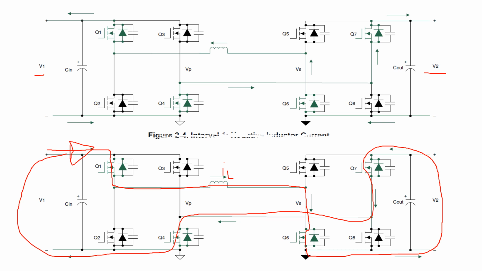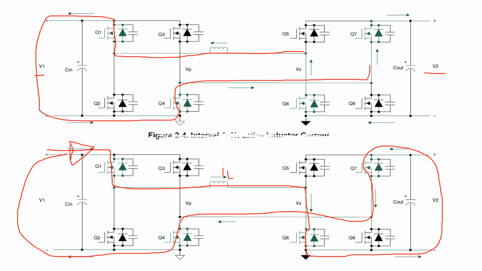And what happens to the negative current flow? When it comes to the negative current flow, the current flows from this side towards this side. So it comes this way to Q1, goes to the positive polarity of the DC source, and then to the negative, comes all the way to Q4, goes up to Q7, comes this way, and then goes this way again.